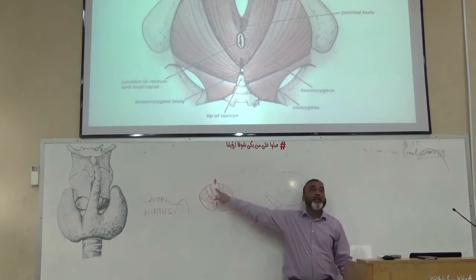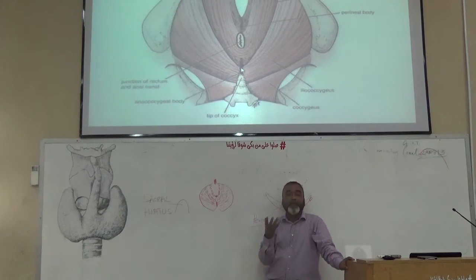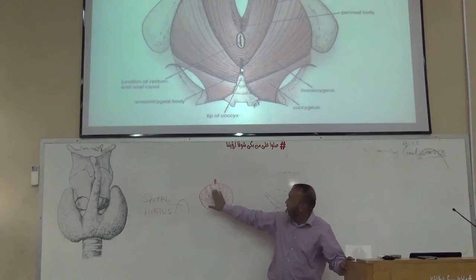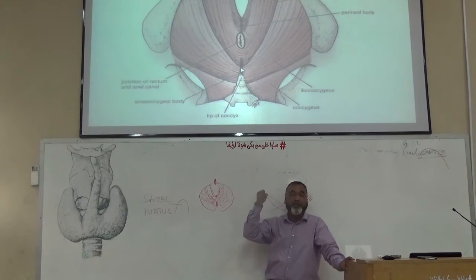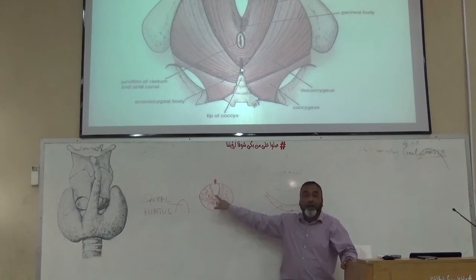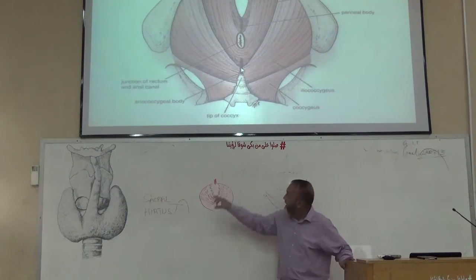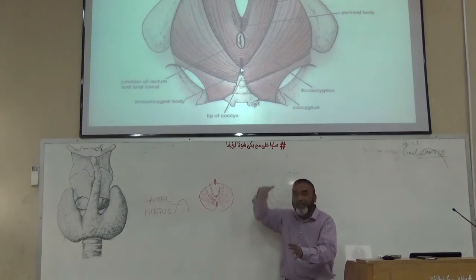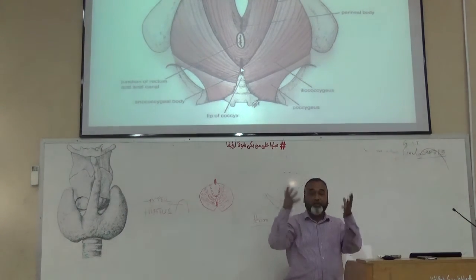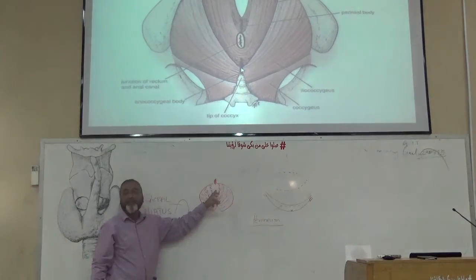But in case of females, at the time of delivery of the baby, due to the secretion of certain hormones, this perineal body plus these muscles relax. The passage increases in size so that the whole of the baby can pass out to the external environment through this opening.